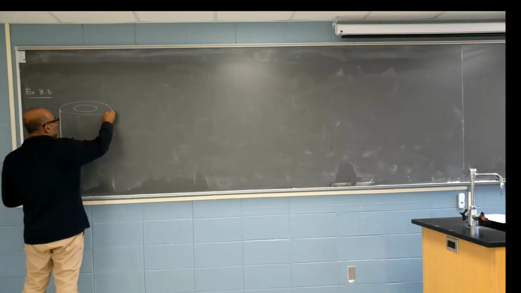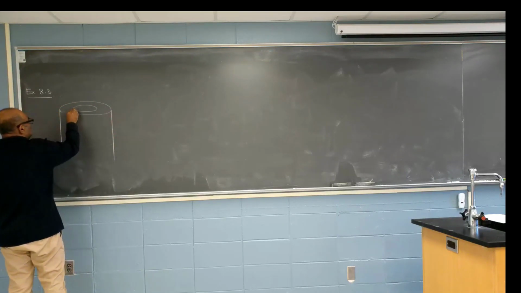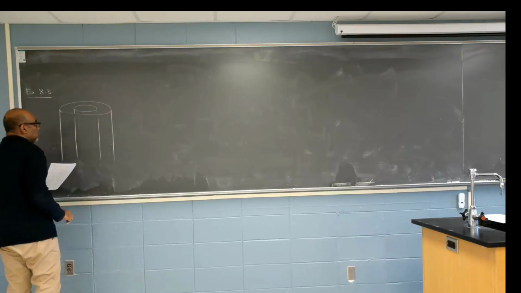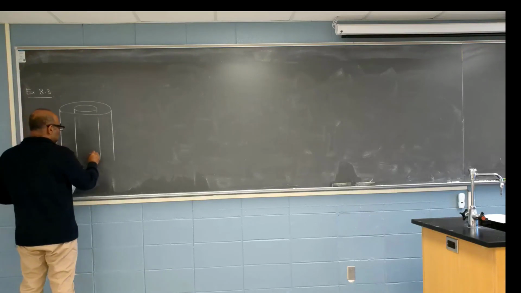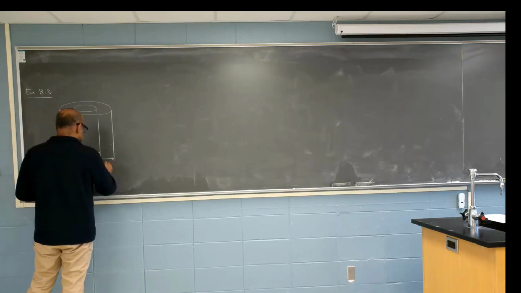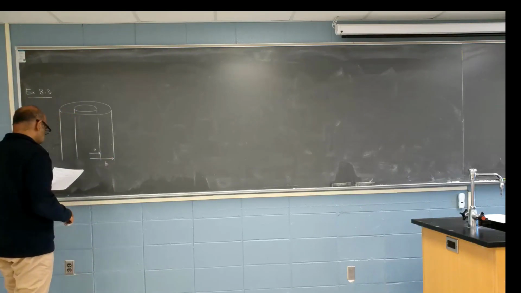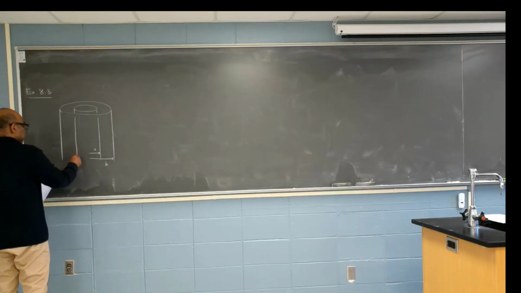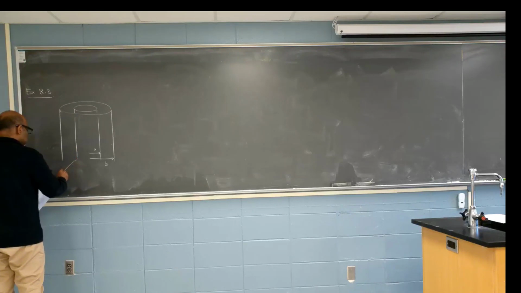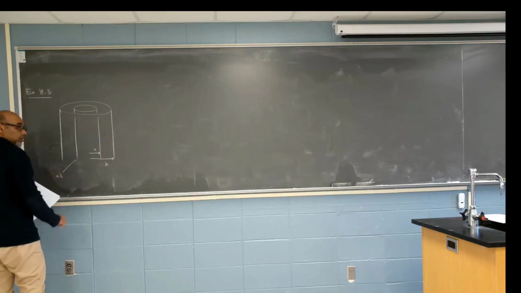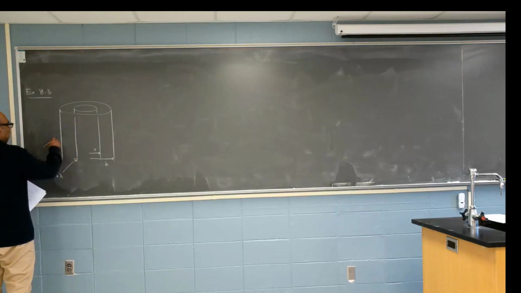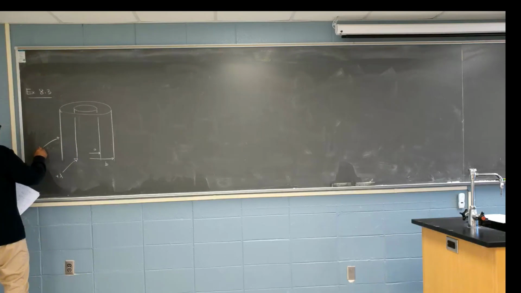You have two conducting infinite concentric cylinders, one of radius A, the other of radius B. There is a plus lambda charge, linear charge density glued onto this one. And then he puts a minus lambda on the outer rim.